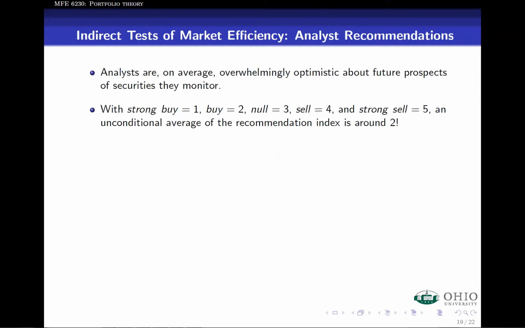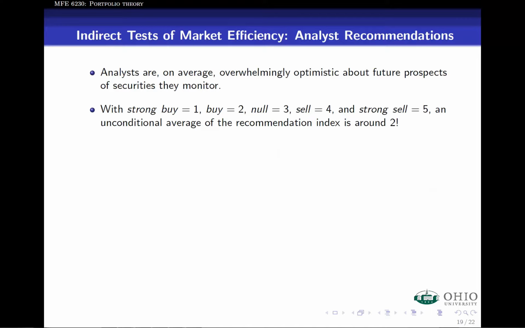So on average, the very first observation that we see is that these analysts are overwhelmingly optimistic about the future prospects of securities they monitor. Okay, so there's this standard data provided by Thomson Reuters where the analyst recommendations are coded into five quantities. Strong buy is coded by 1, buy coded by 2, null coded by 3, or neutral, sell coded by 4, strong sell coded by 5.